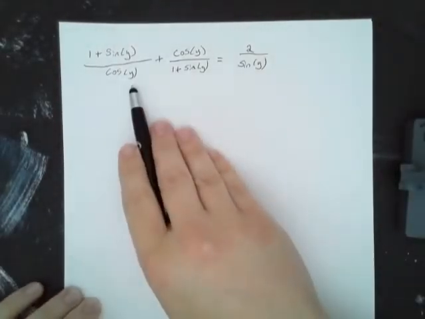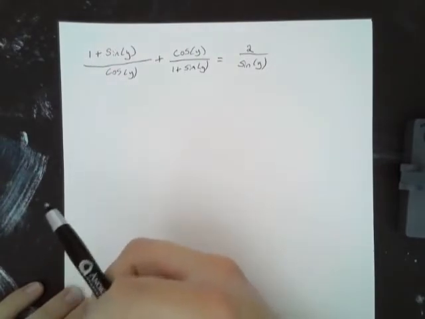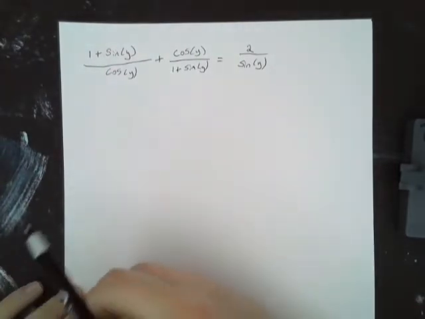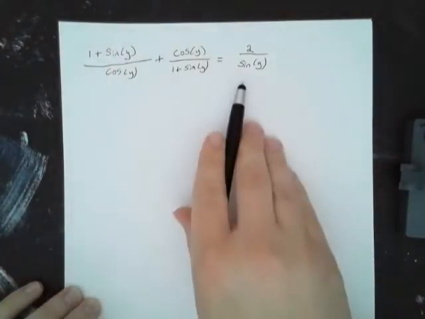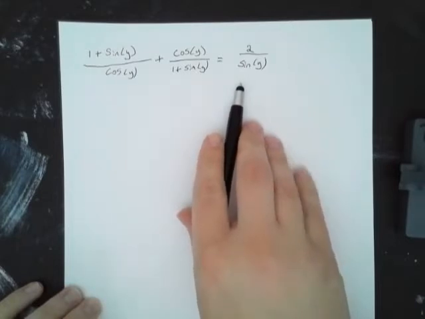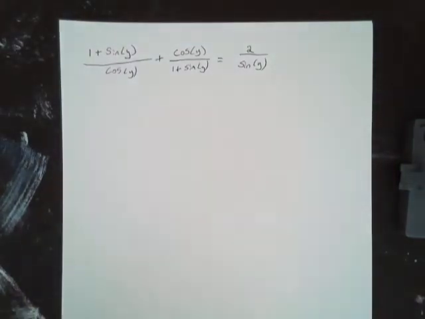So I chose when we have sine of 0 and when we have cosine of 0. And one of the things I found was that these two things are not equal to each other. So one of the very first things I noticed is that this is not going to work.